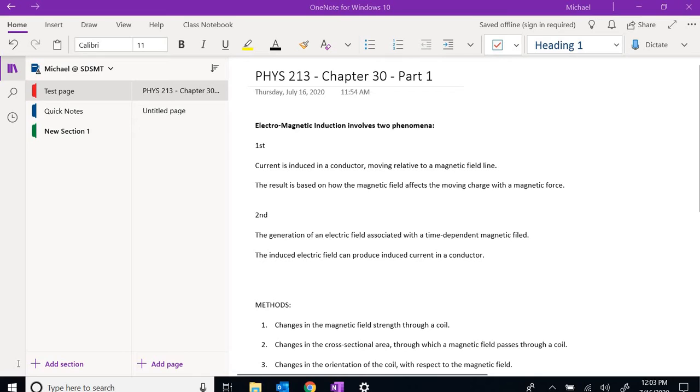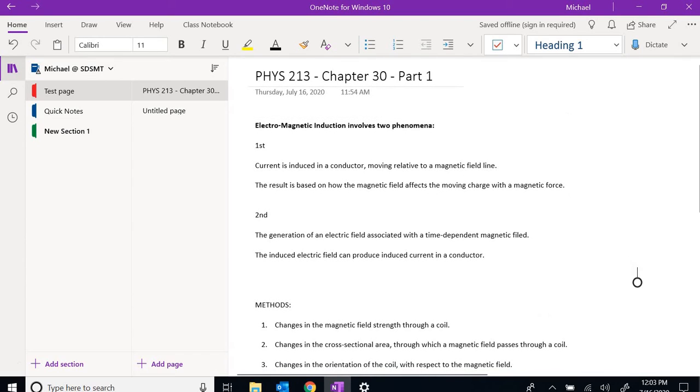So the electric and magnetic definitions that we've been covering this semester have really been two sides of the same coin this whole time. And we finally get to put everything together into this idea of electromagnetic induction.